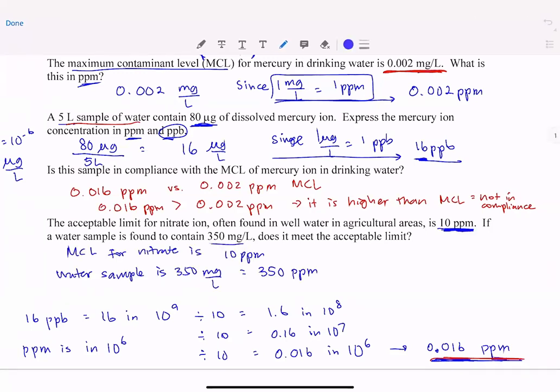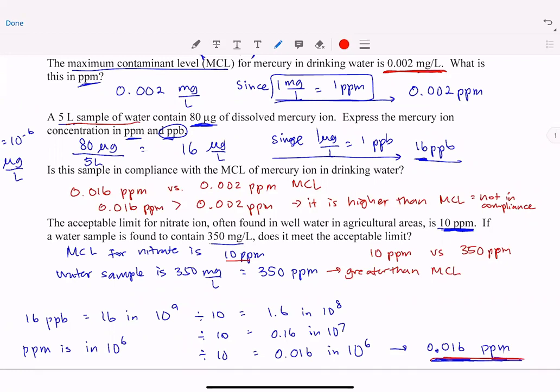So then let's compare those number values. You have the maximum contaminant level, 10 parts per million, and then you have the 350 parts per million, and that's the sample value. Okay, so the 10 parts per million is less than, or you could say the 350 parts per million is greater than the MCL. 350 is a lot more than the 10 parts per million.